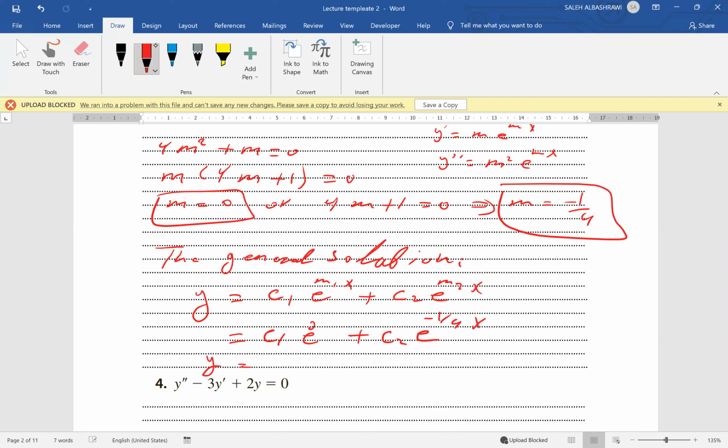We can say y equal to c1 plus c2 e to power minus 1 over 4x. So this is the general solution for the given differential equation.